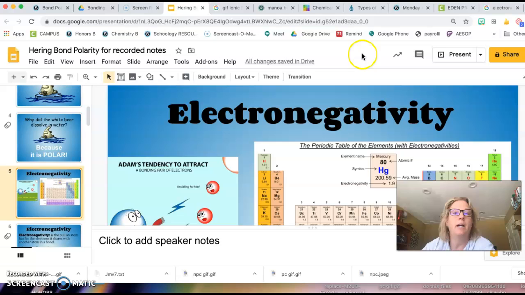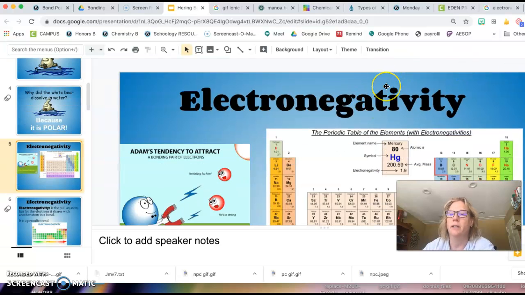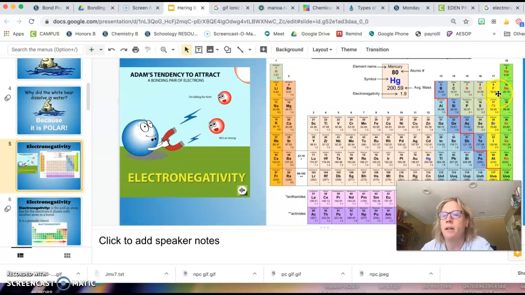So we're going to talk about electronegativity right now. If you remember, we covered this when we did the periodic table. On your periodic table, electronegativities are these bottom numbers. Like fluorine is 4.0, rubidium is 0.8.